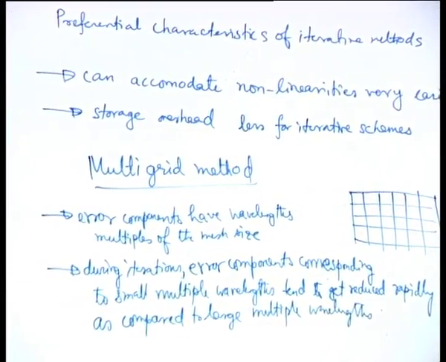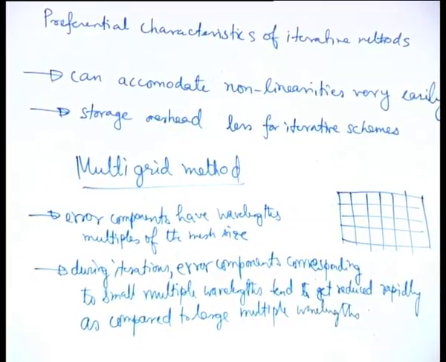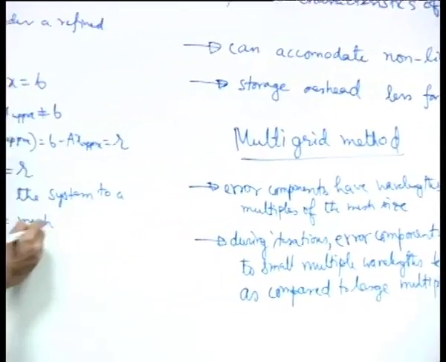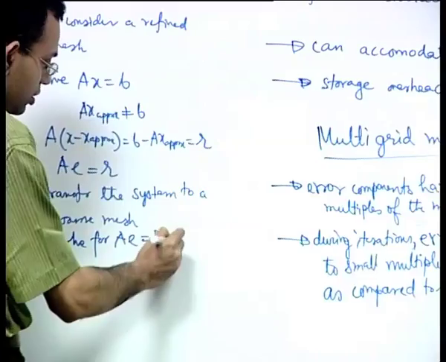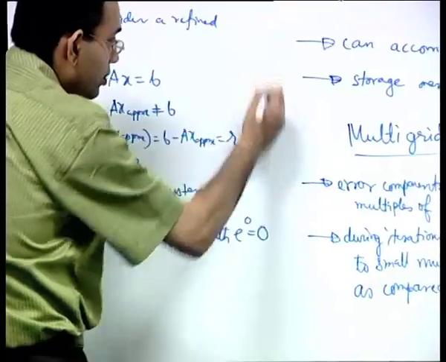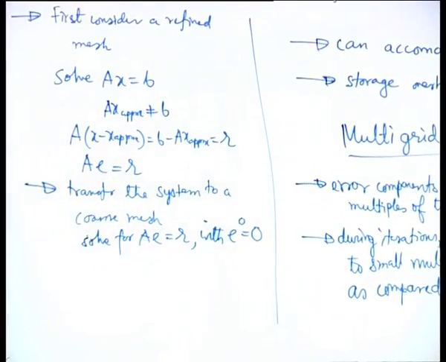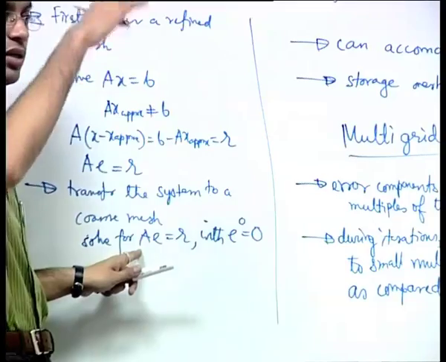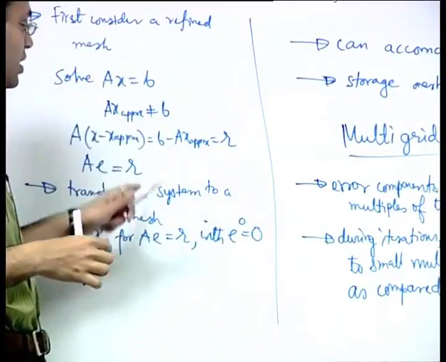Then in the coarse mesh you solve for Ae equal to r with E0 equal to 0. So you have a new A which you have formed by using the refined mesh.